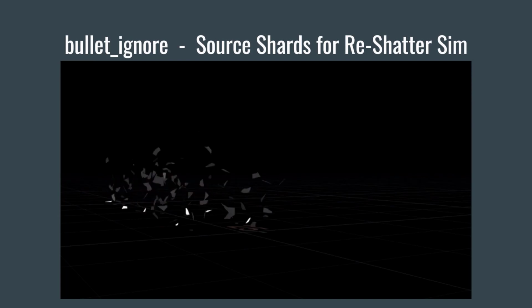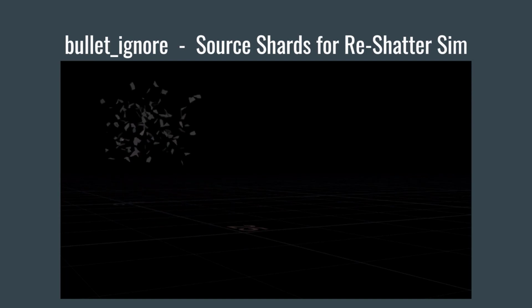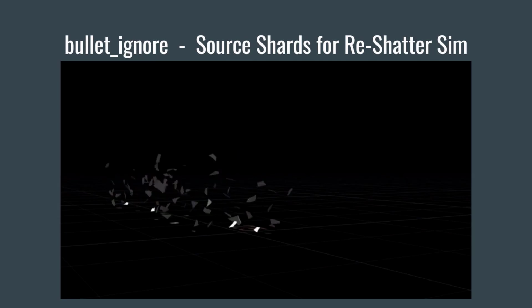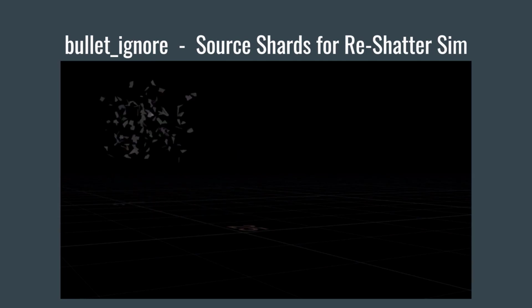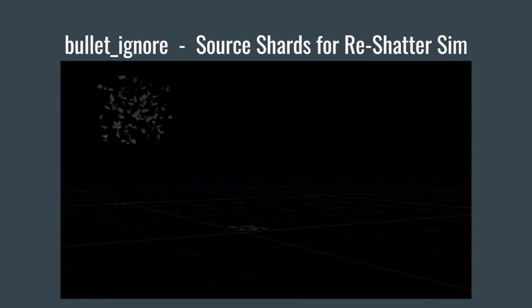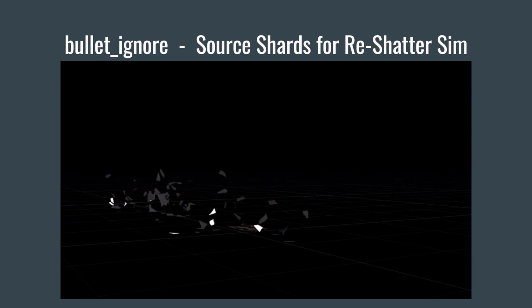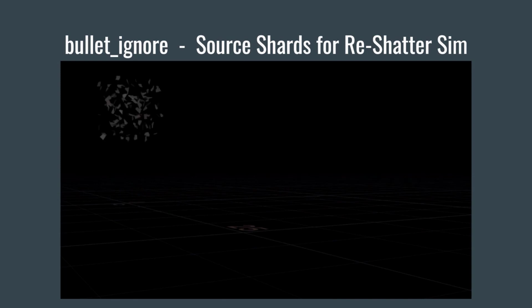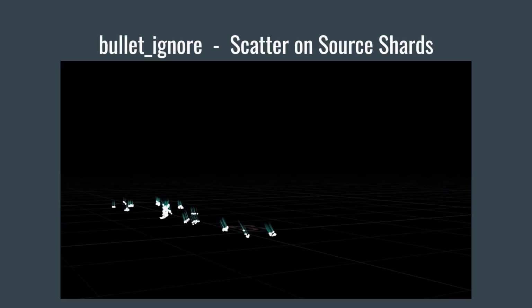And then with a blast SOP, we can check if bullet ignore is equal to 1 and if the hit frame is the current frame. And then based on those source shards, we can scatter some new ones.